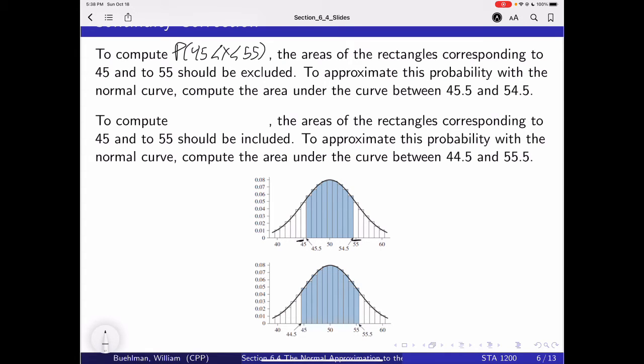To compute the probability that 45 is less than or equal to x, which is less than or equal to 55, the areas of the rectangles corresponding to 45 and 55 should be included. To approximate this probability with the normal curve, compute the area under the curve between 44.5 and 55.5. So if we look down here, we can see now 45 and 55 are included. Those rectangles that contain them are included.